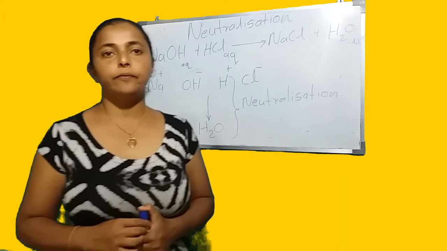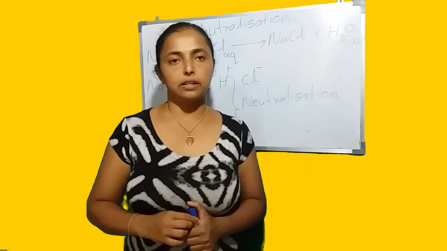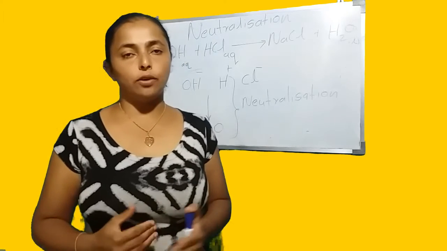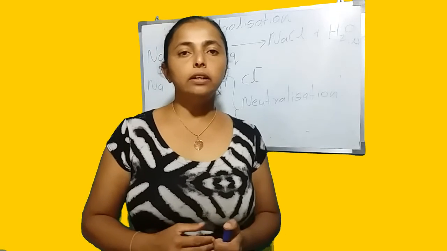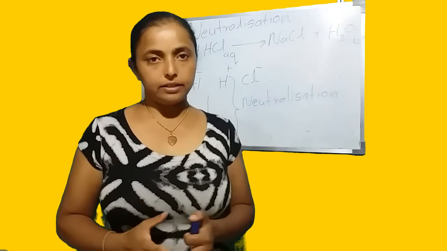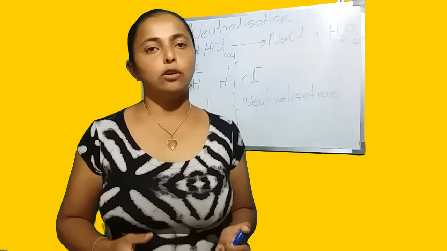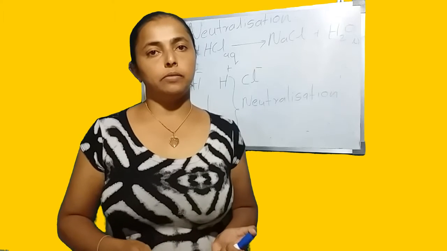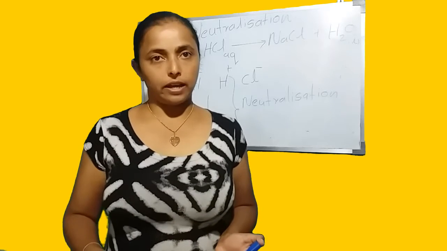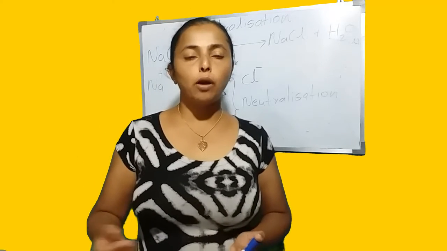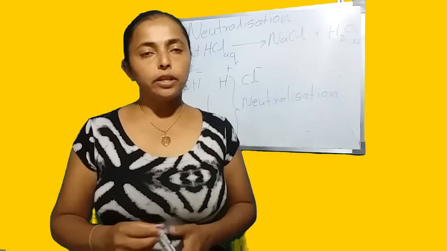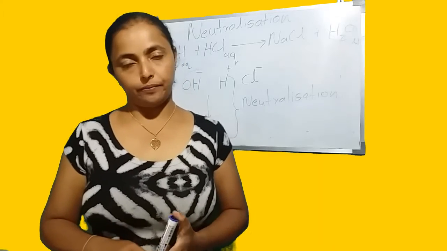We use milk of magnesia for acidity of our stomach, and when the soil is getting acidic, we use ash or quicklime or calcium oxide, which is a white powder, that removes the acidity of the soil.